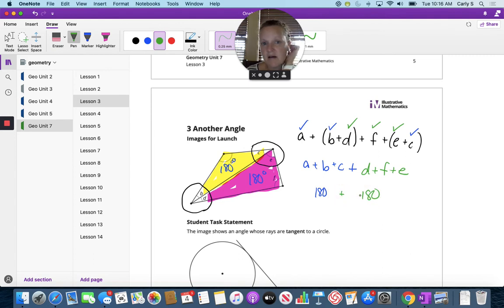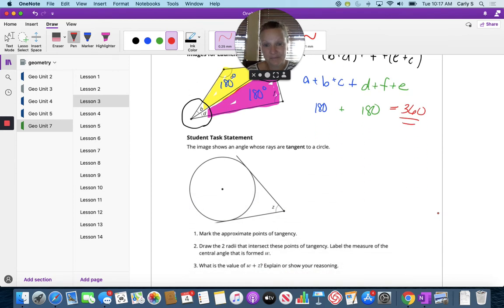So what's the sum of interior angles in a quadrilateral, four-sided? If I add up all these angles inside this quadrilateral, they will add up to 360 degrees. It's kind of magic, but it's not magic.